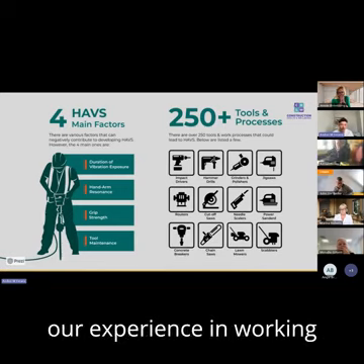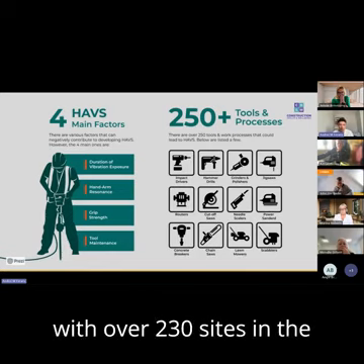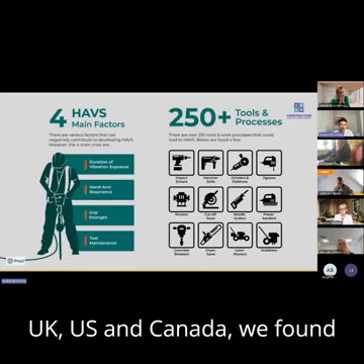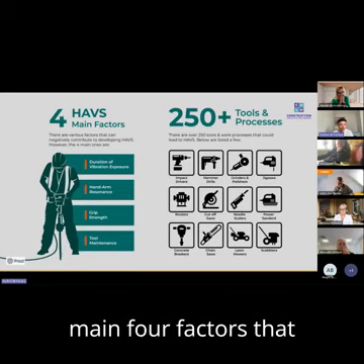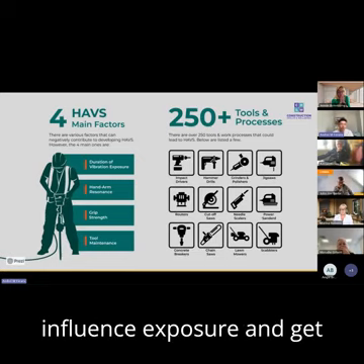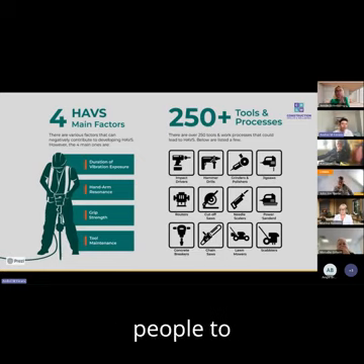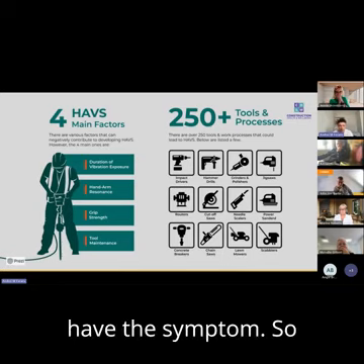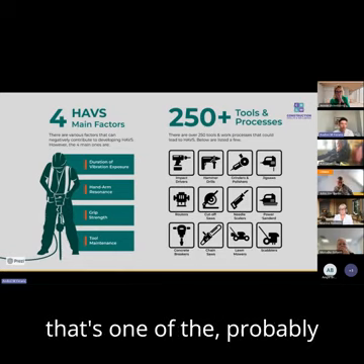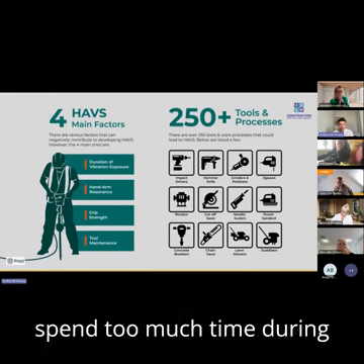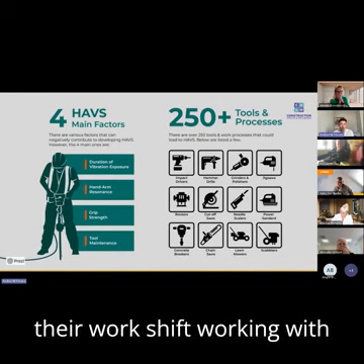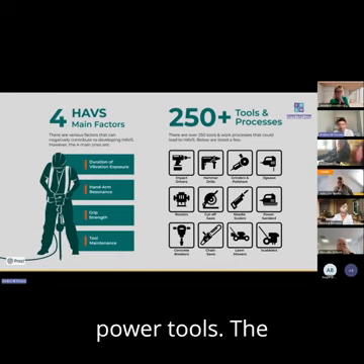From our experience in working with over 230 sites in the UK, US, and Canada, we found that there are 4 main factors that influence exposure and get people to have the symptoms. So duration of exposure, I think that's probably the top one. People just spend too much time during their work shift working with power tools.